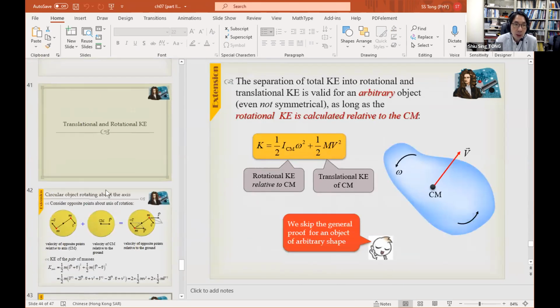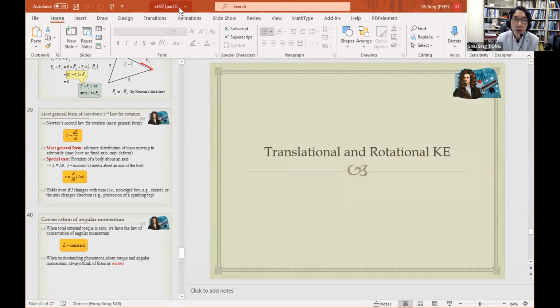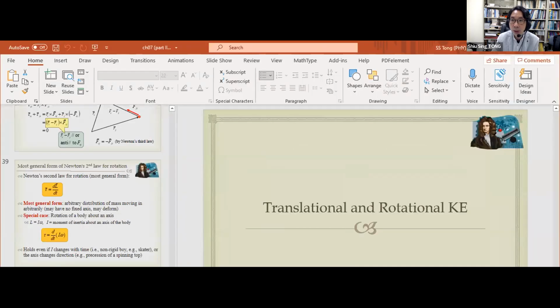Now we discuss another interesting phenomenon which we haven't addressed yet, and that is the translational and rotational kinetic energy. In our previous discussion of motion of a rigid body, to let you remember what we have said, I just share this slide in case you forgot.